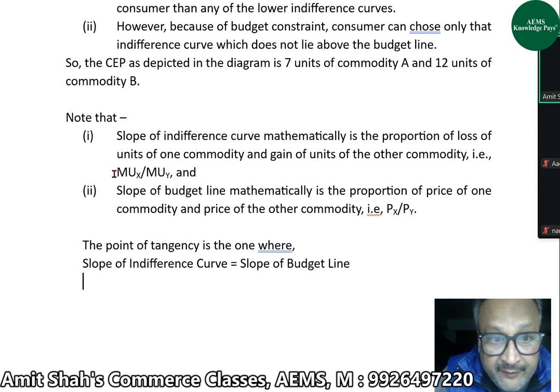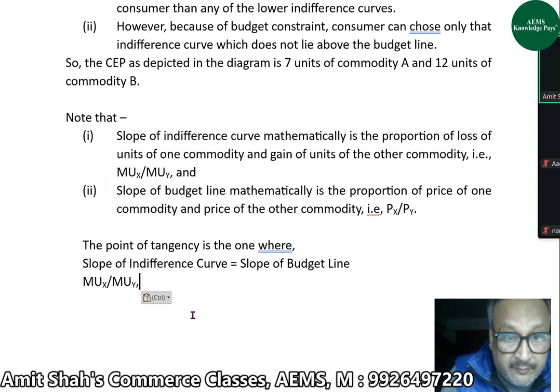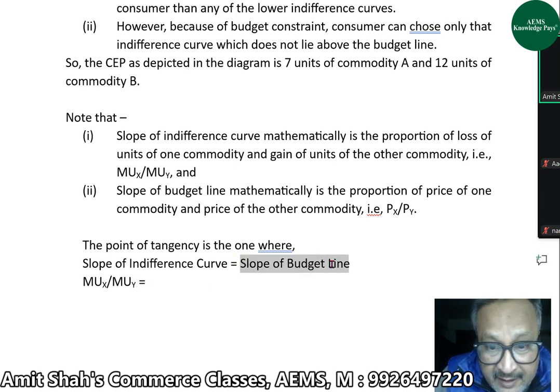The slope of the indifference curve is MUX upon MUY, and it is equal to the slope of the budget line, that is Px upon Py.